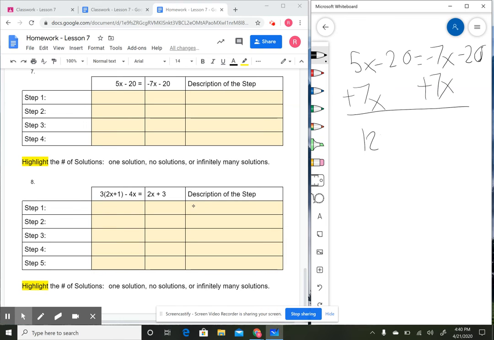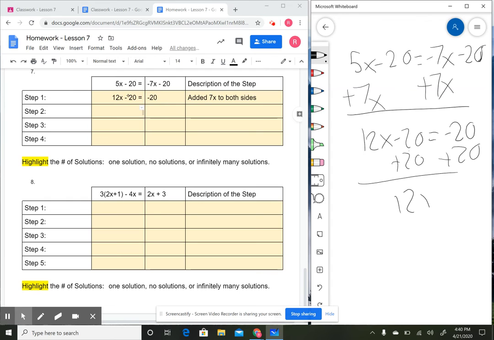So 12x minus 20 is equal to negative 20. And there we added 7x to both sides. And then I'm going to add 20 to both sides. It's going to be 0. And I'm going to divide by 12.